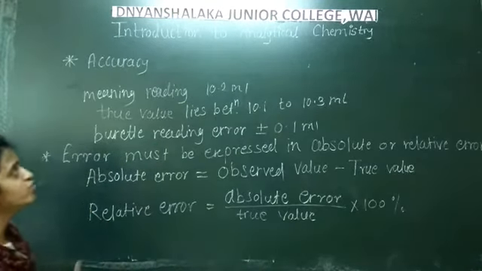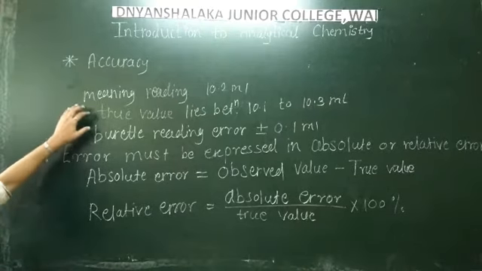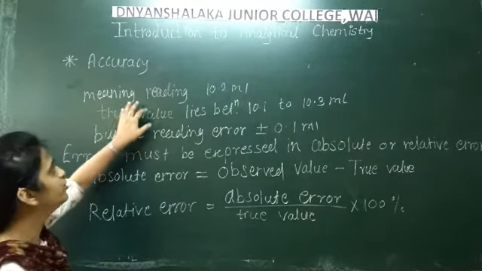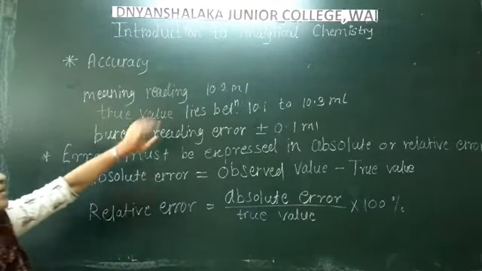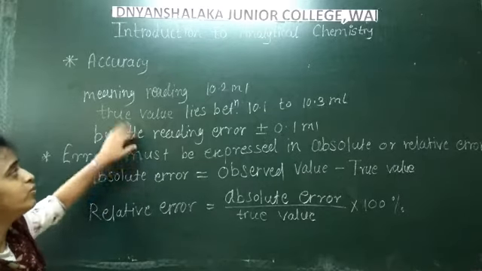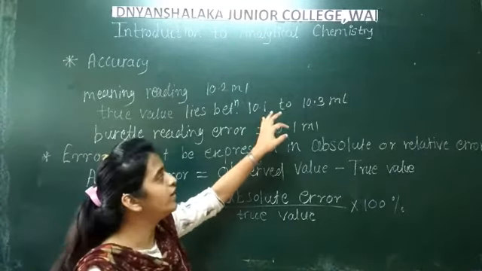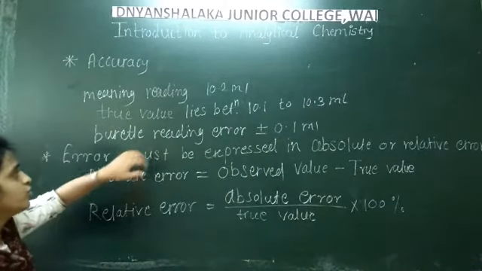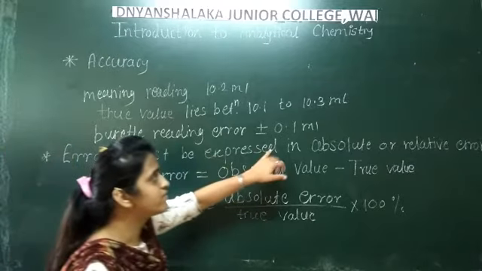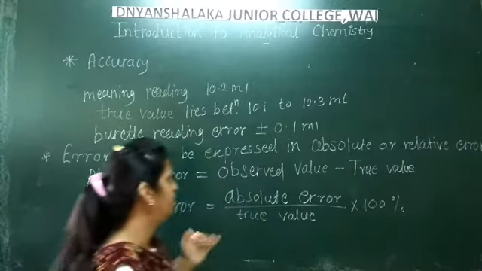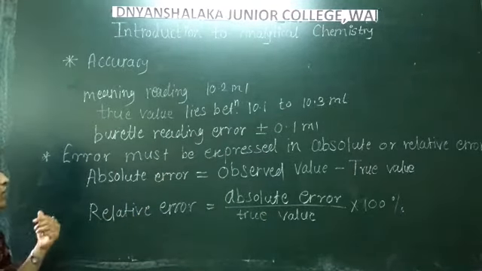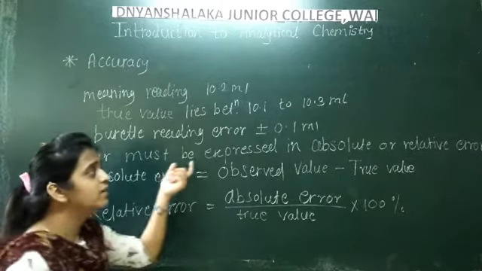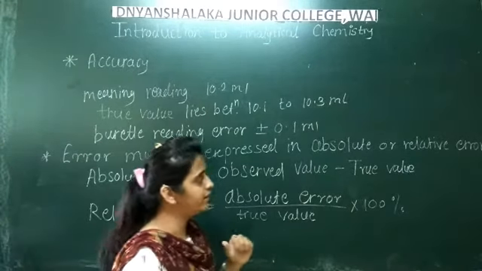Accuracy means closeness of any measurement value. So we see the example of a burette reading. The burette main reading is 10.2 ml, but the true value lies between 10.1 and 10.3 ml. So the burette reading error is plus or minus 0.1 ml. Error must be expressed as absolute or relative error.